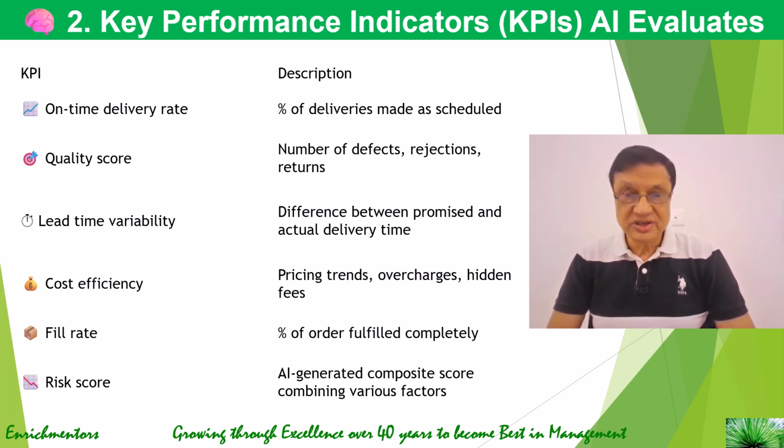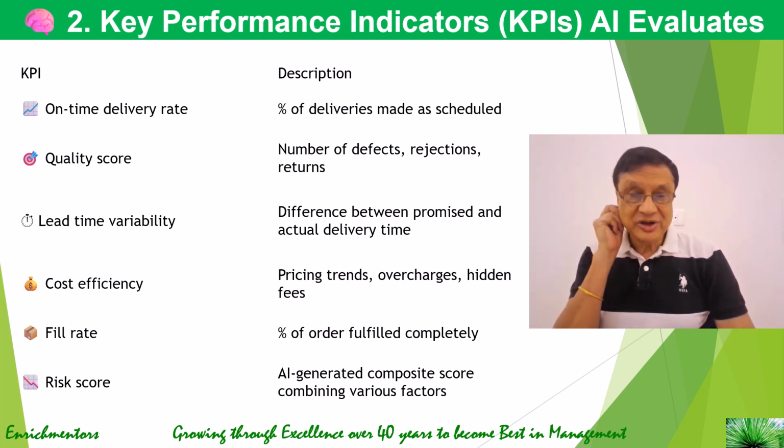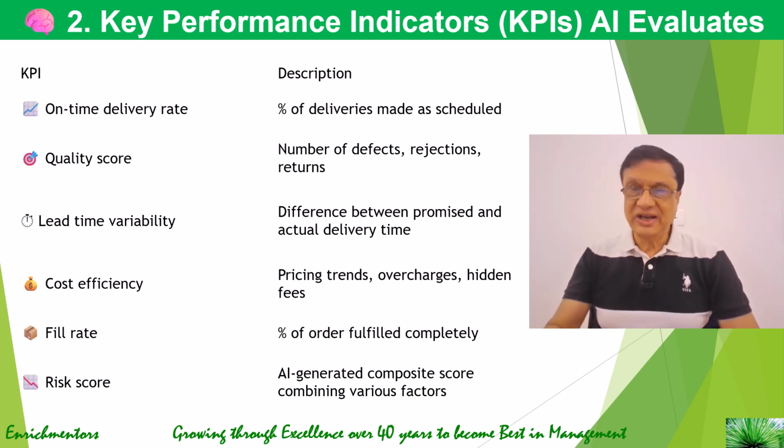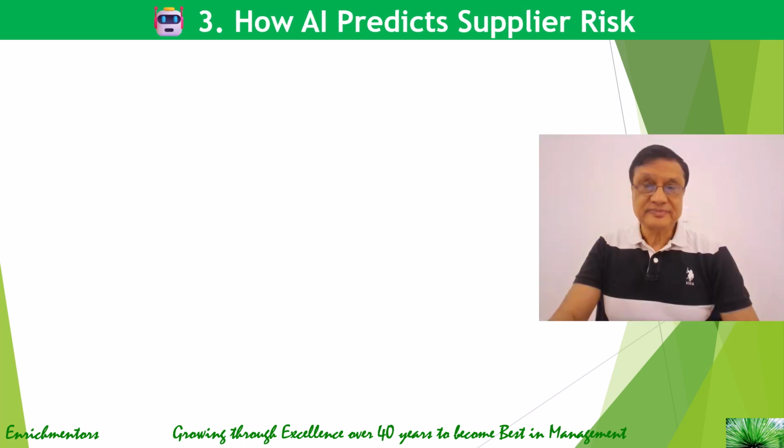Cost efficiency, which is a description of pricing trends, overcharges, hidden fees. Fill rate, percentage of orders fulfilled completely. And the risk score, where AI generates a composite score combining various factors. So these are the various KPIs that AI evaluates.